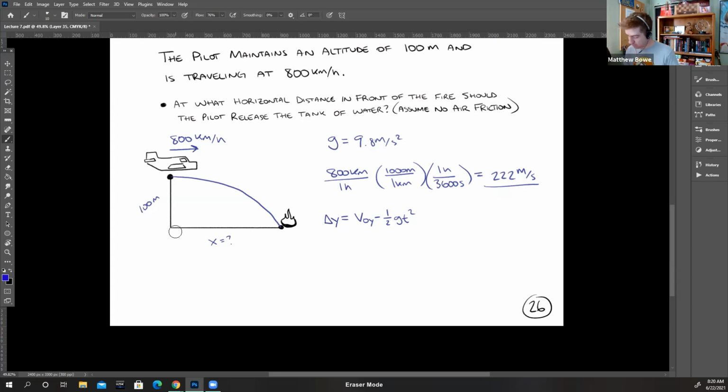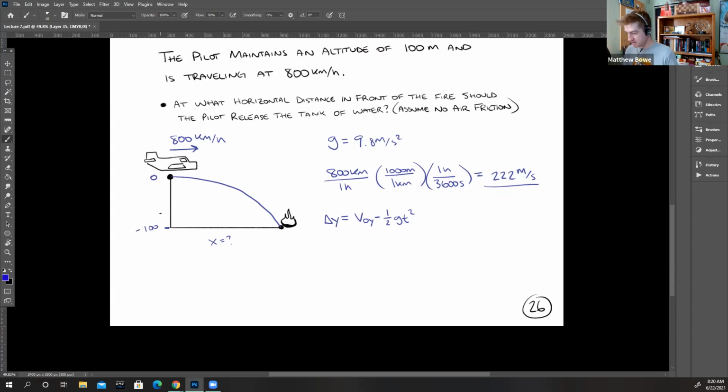I guess that's a good point, is we need to also label what is positive and negative on our little diagram here. So instead of writing 100 right here, I'm going to put 0 up at the top where the plane is. I'm going to say the water will fall down here 100 meters.